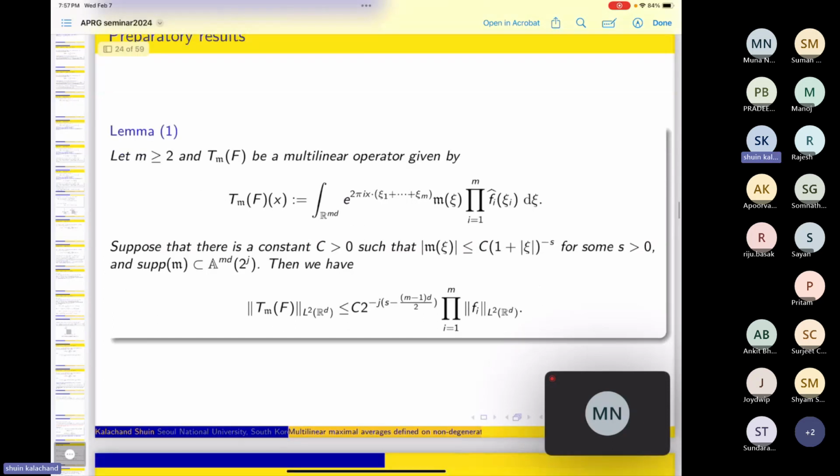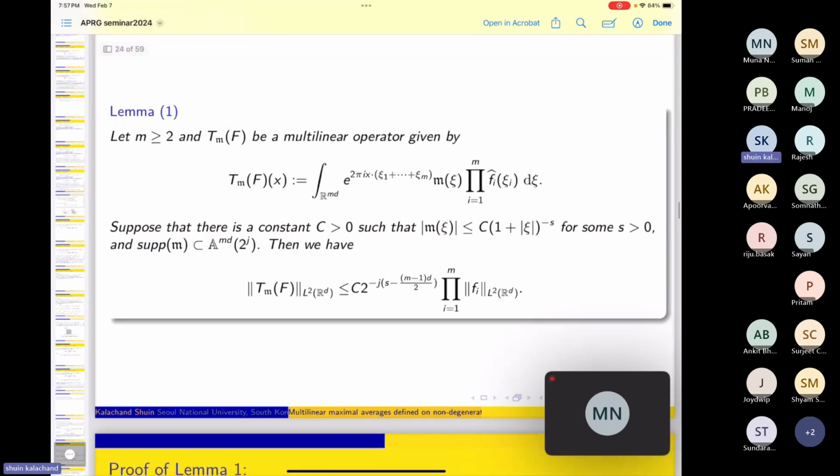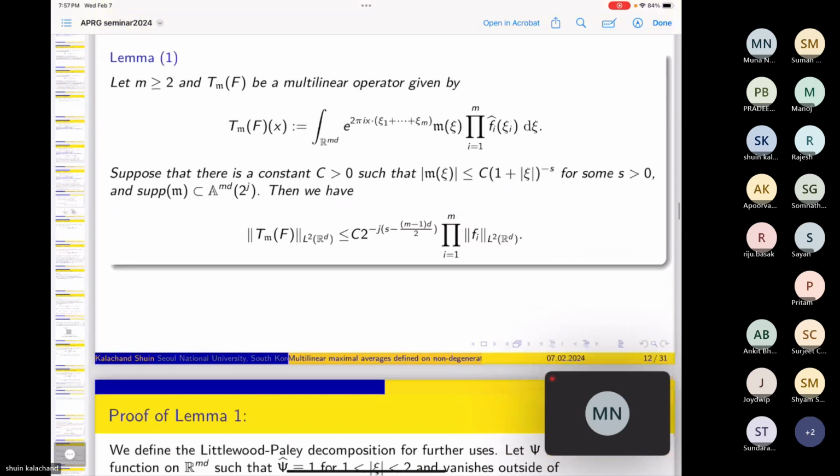Then it is bounded from L2 times L2 to L2 with constant 2 to the power minus j times (s minus this number). So we'll first prove this lemma, then we will move to the local maximal function.